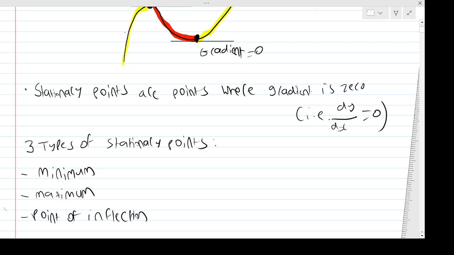So if we differentiate and we get 0, in other words the gradient at this point is 0, it's either a minimum point, a maximum point, or a point of inflection.